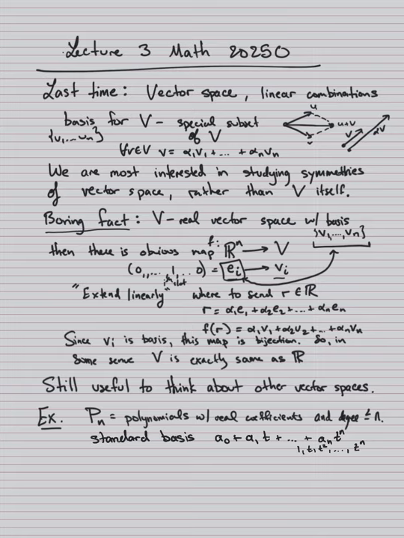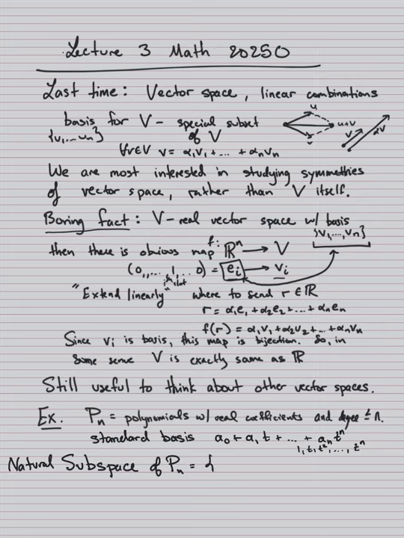But why would we ever consider this vector space of polynomials instead of working with Rn? Well, here's one reason, and there are a lot of reasons, but here's one. If you have a subspace, or let's say a natural subspace of P_n, again, there are going to be a lot of natural subspaces, but I'm picking one randomly.